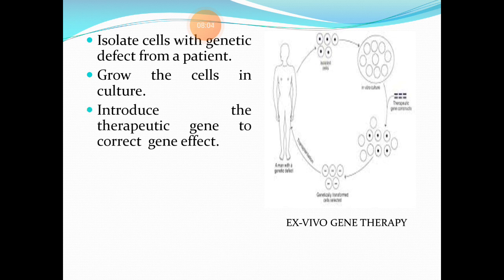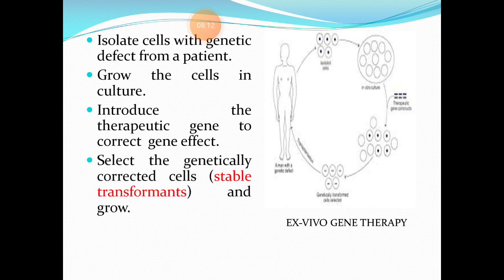Then you have to introduce the therapeutic gene into these cells to correct the gene defect. And you have to select the genetically corrected cells, which are called stable transformants, and you have to grow them. This is what is done in ex vivo gene therapy.